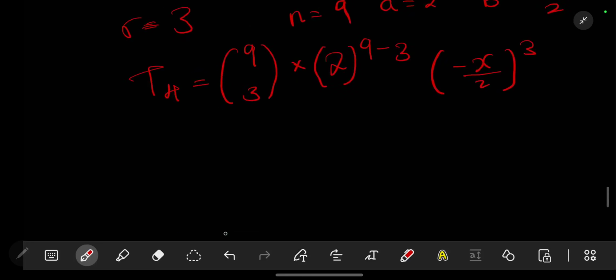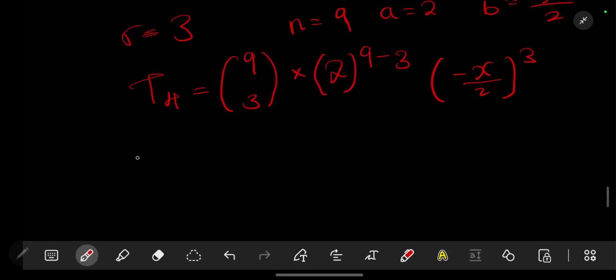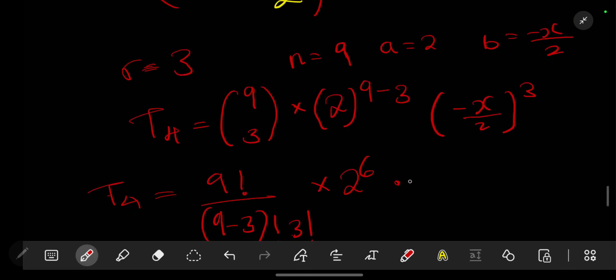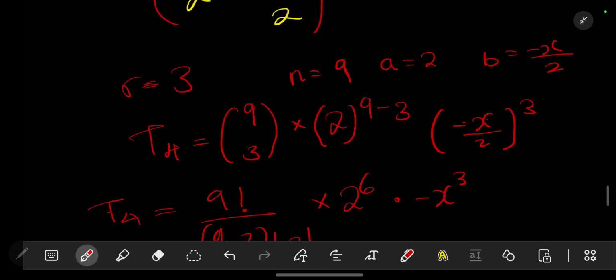So this gives us term number 4 should be equal to 9 combination 3, which gives us 9 factorial over 9 minus 3 factorial over 3 factorial, like that. I've already made some videos explaining how you do this. So we have 2 to the power of 9 minus 3 is 6, then you have times negative x to the power of 3.